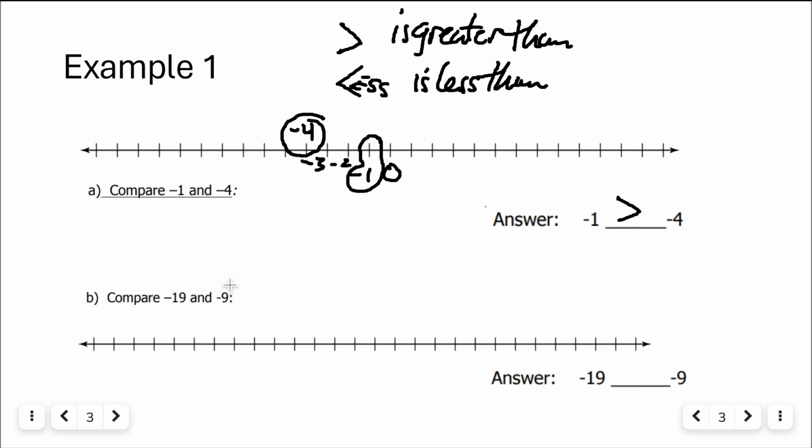I would say it's owing $9. So this one is greater. So -9 is greater than -19. That means -19 is less than -9, right? That's smaller than -9. It's further to the left on your number line.